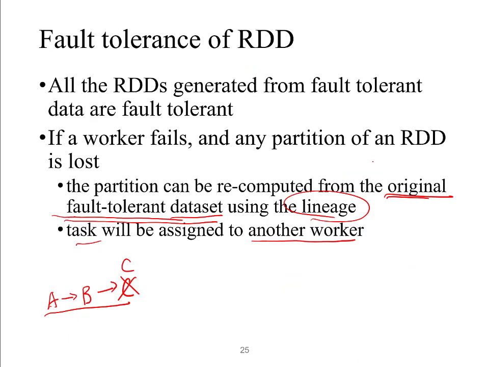All right. So now we know how fault tolerance is guaranteed for RDD. Be aware that here we only discussed the case of the failure of the worker node. So how about the failure of the driver node?